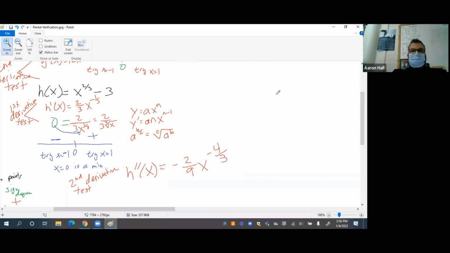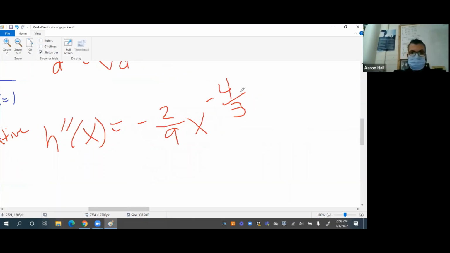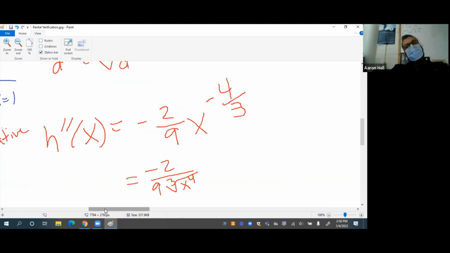And if we wanted to use some of our laws of exponents and move this to the denominator, that would give us something like -2 over 9 times the cubed root of x to the power of 4. Does that look right to you? Is that the same? If we're doing the second derivative, what do I need to do now?